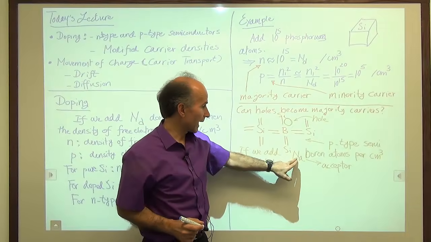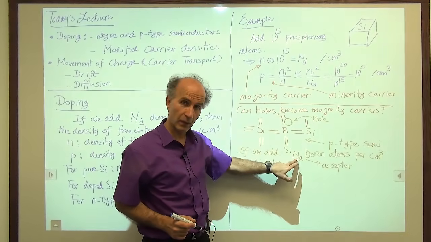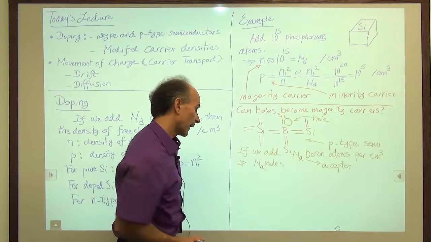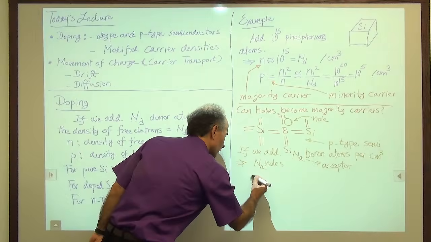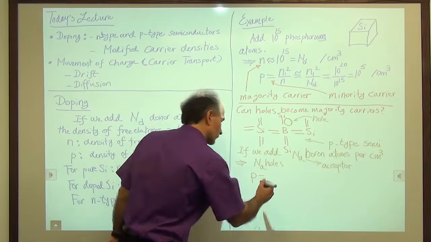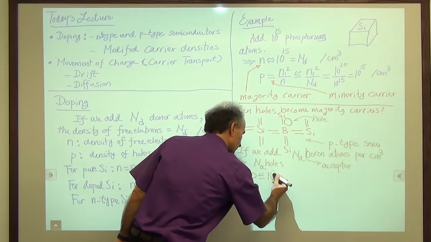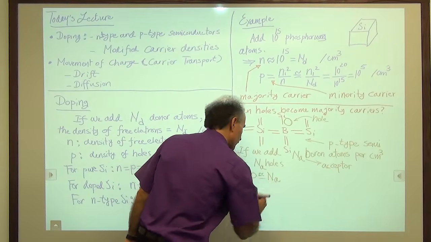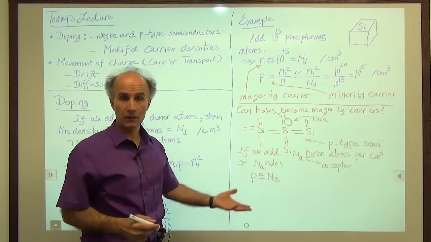So we call it acceptor concentration, Na. And that means that the number of holes that we have in 1 cubic centimeter is equal to approximately Na, because Na is so much larger than Ni that it is a good approximation.